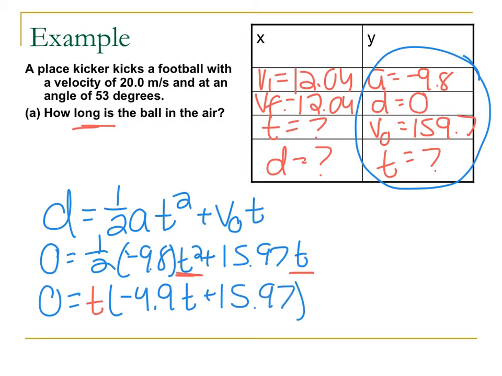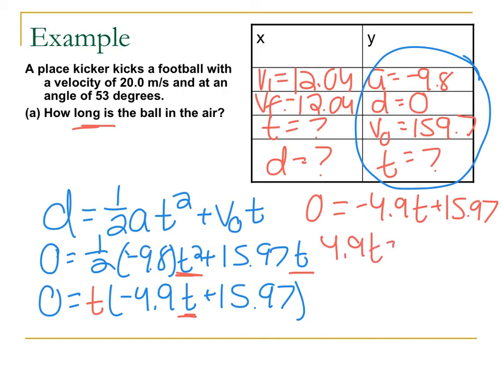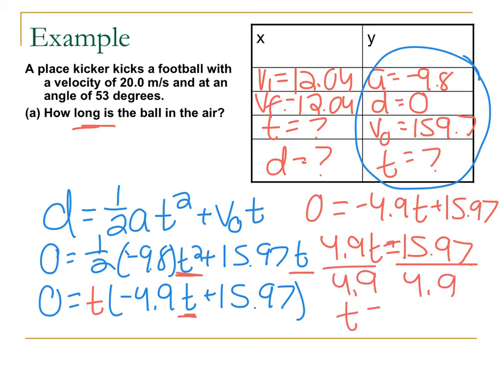Okay, so over here I have t equals 0, and then I can also take this equation, which has t, and set it equal to 0 as well. From here, I'm just solving. Okay, so I bring 4.9t over to the other side, divide, and I get t equals 3.25 seconds.